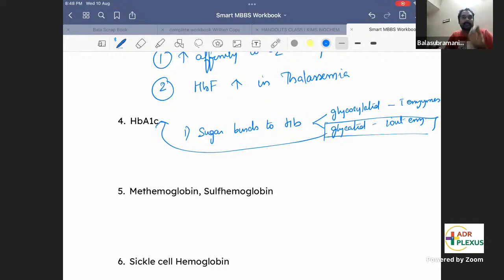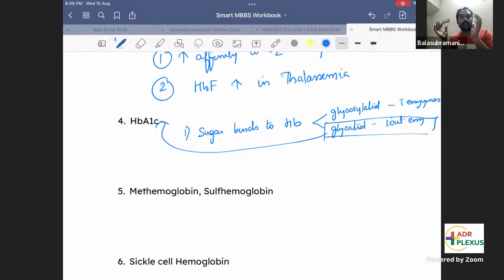People don't understand the concepts. You have seen gulab jamun, right? Gulab jamun, you have the syrup outside. How sweet is the syrup outside, that much sweet will be the gulab jamun, because the syrup seeps through the gulab jamun. Imagine like that. You have RBCs, you have the blood surrounding the RBCs. If there is more sugar in the blood, it will seep through the RBCs, enter into the hemoglobin and attach to it.